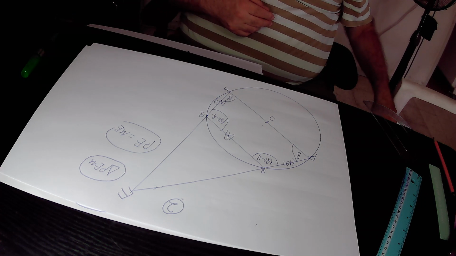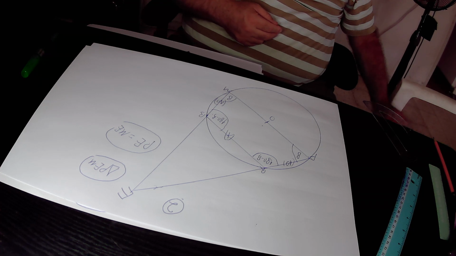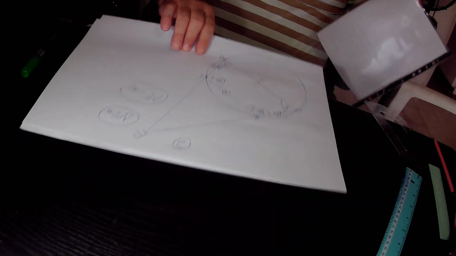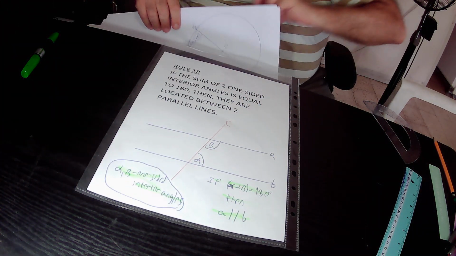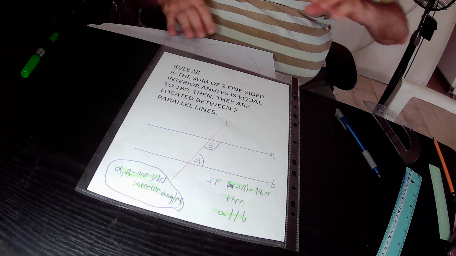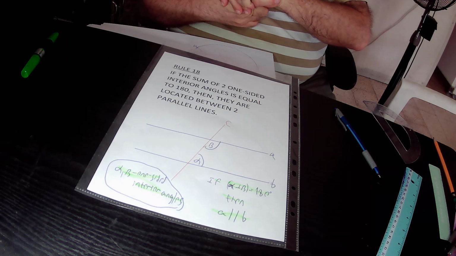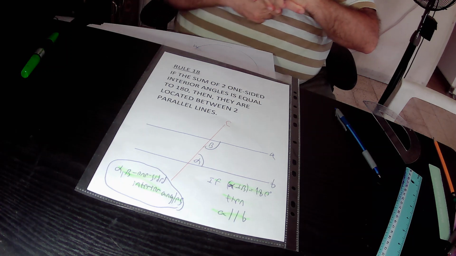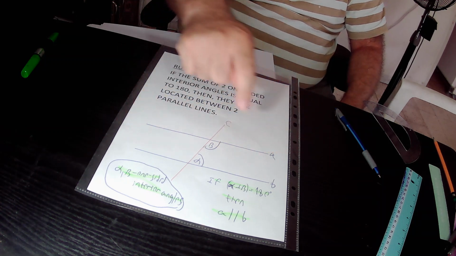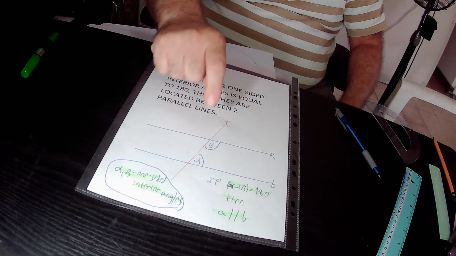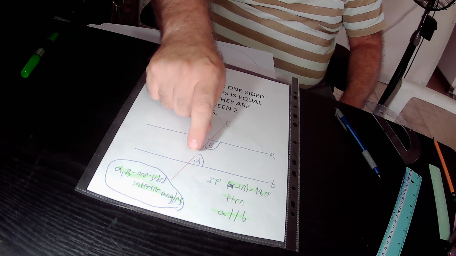So I'll repeat quickly rule 18. According to rule 18, if the sum of two one-sided interangles is equal to 180 degrees, then they are located between two parallel lines. So in the drawing we have, this is line A, this is line B, and the red line C intersects those two lines at these two points.